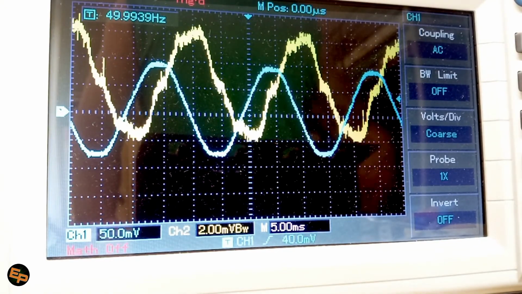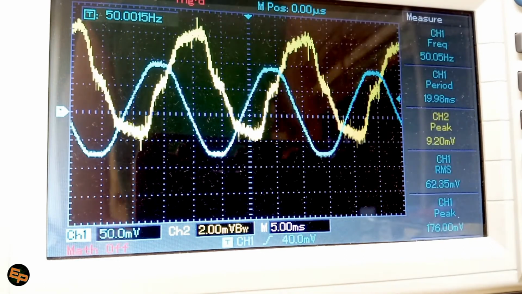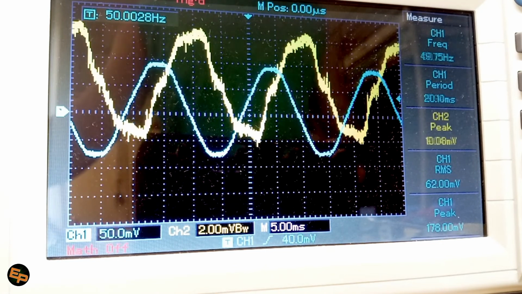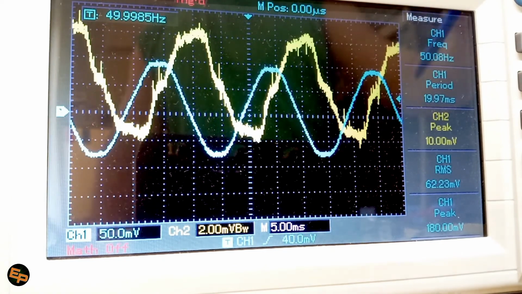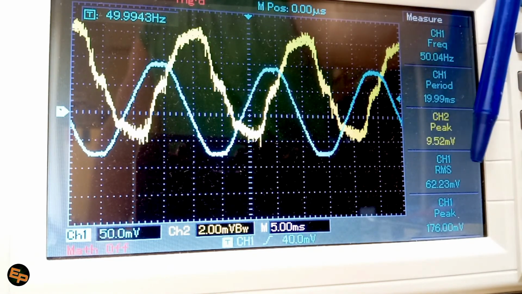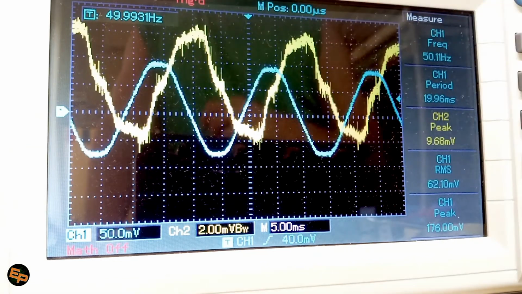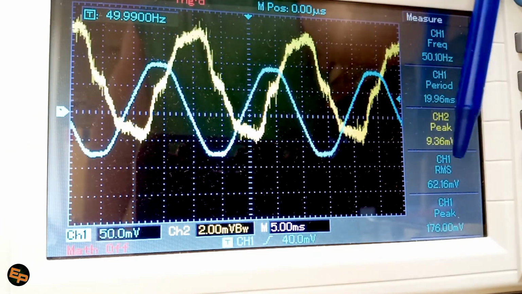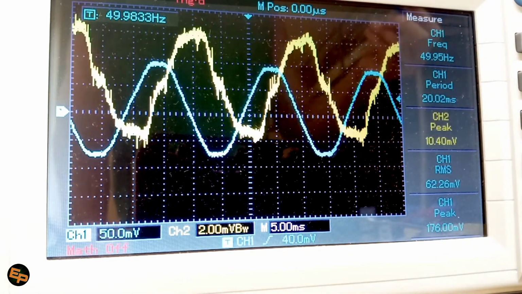So we see that at 600 milliamps, let me activate the measurements. This is something that we can also confirm with the oscilloscope. We have about 60 millivolts RMS value for the blue waveform, which is the voltage on the 0.1 ohms resistor.